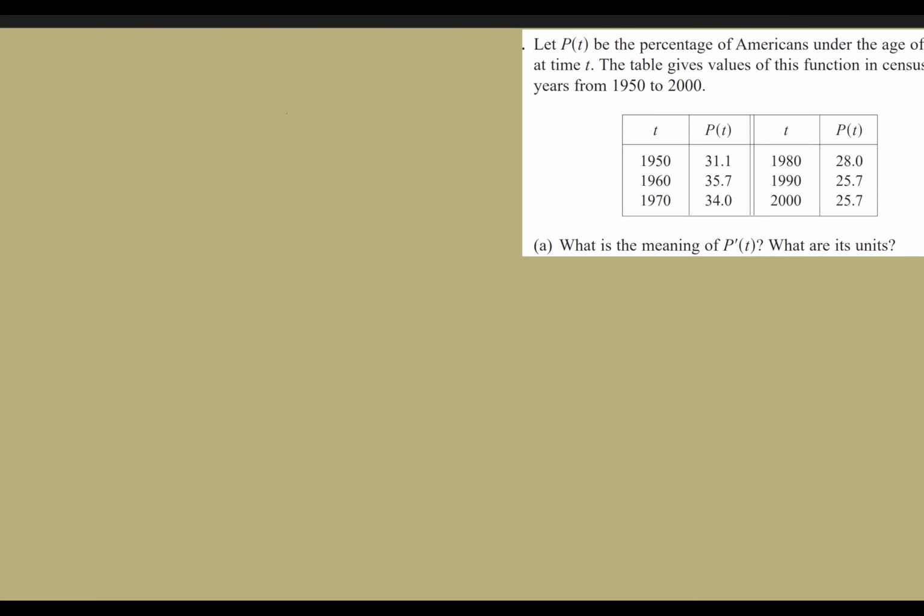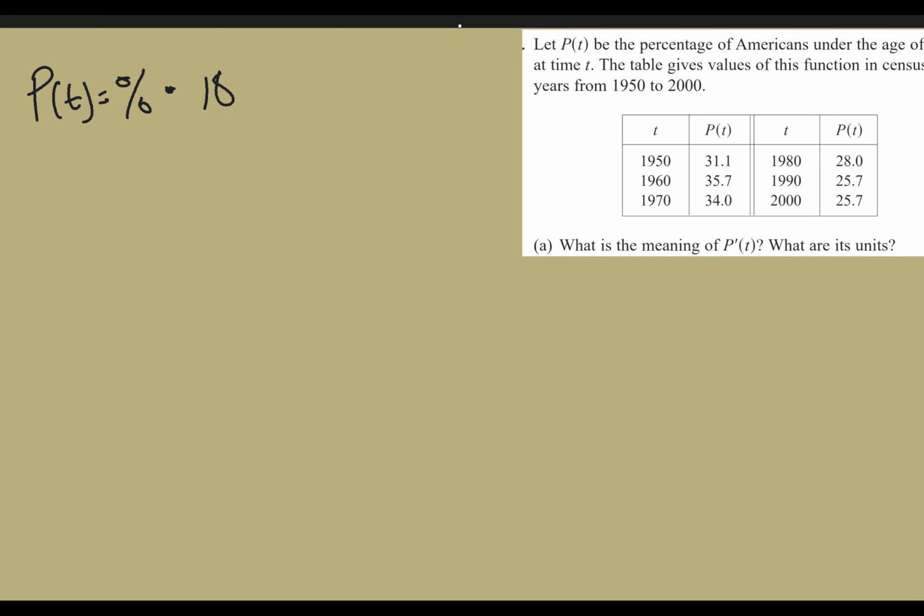Let P of t be the percentage of Americans under the age of 18 at time t. This table gives us values from that function. Okay, no problemo. So we see it's going to be 10 years difference per, right? Not 1 like the last time. So P of t, they tell us, is the percentage of Americans under 18.